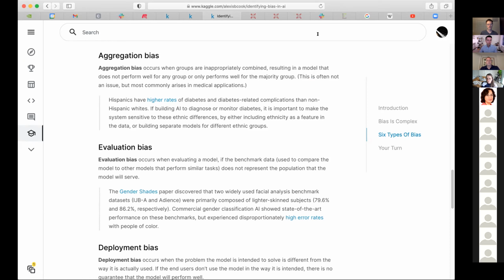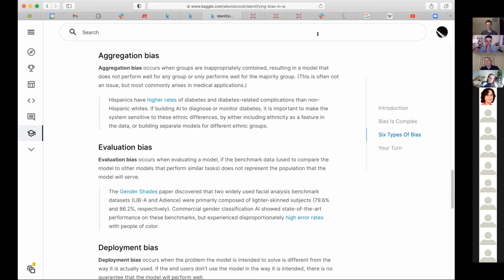If building AI to diagnose or monitor diabetes, it is important to make the system sensitive to these differences by either including ethnicity as a feature or building separate models for different ethnic groups.